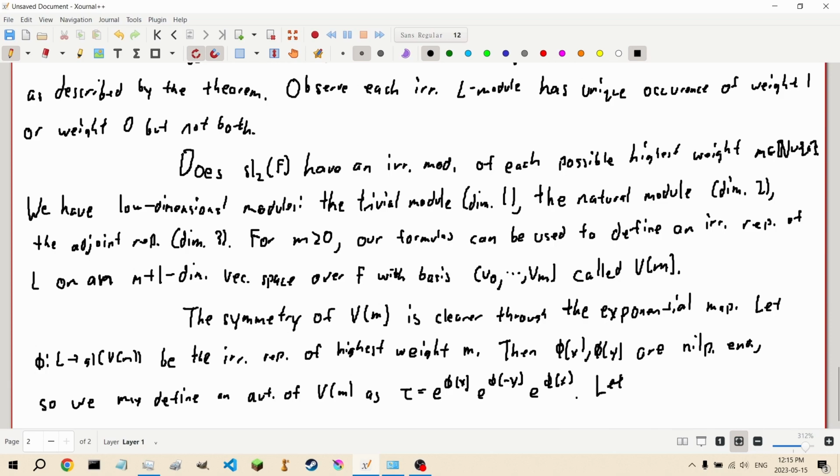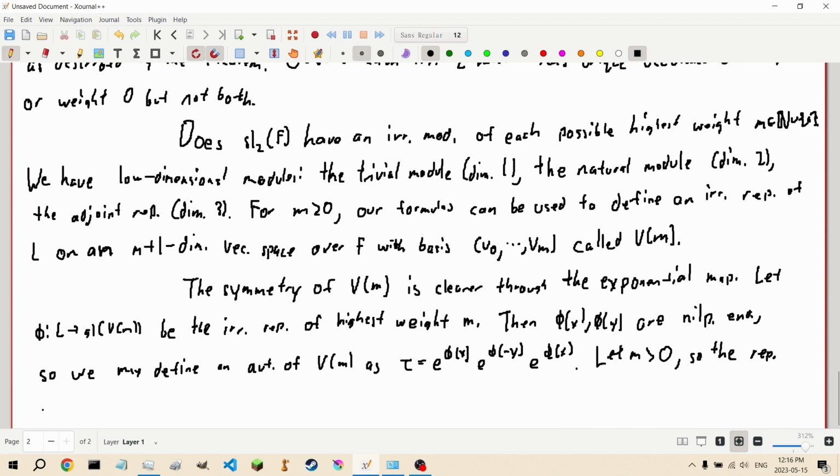And we're going to let m be positive, so the representation is faithful.